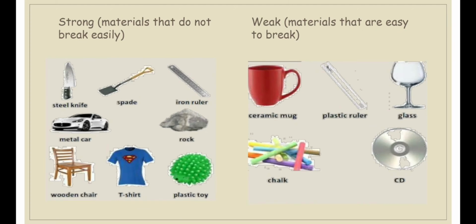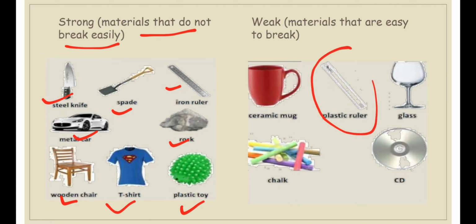Next property is strong. Strong materials are those that do not break easily, like steel knife, spade, iron ruler, metal car, rock, wooden chair, t-shirt, and squishy plastic toy. They all are strong because they do not break easily. If you have noticed, we have the same object here on this page, like plastic ruler and iron ruler.